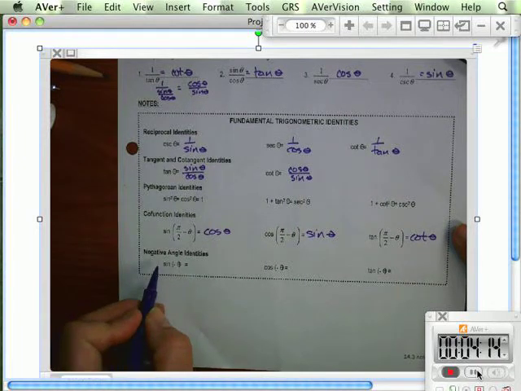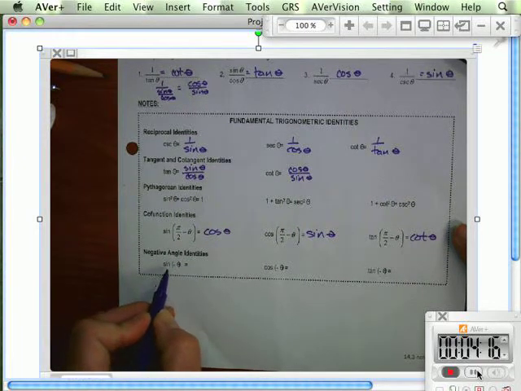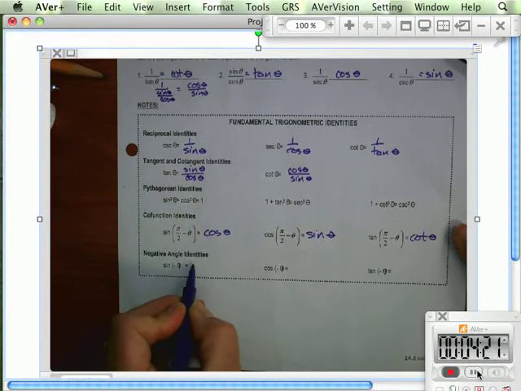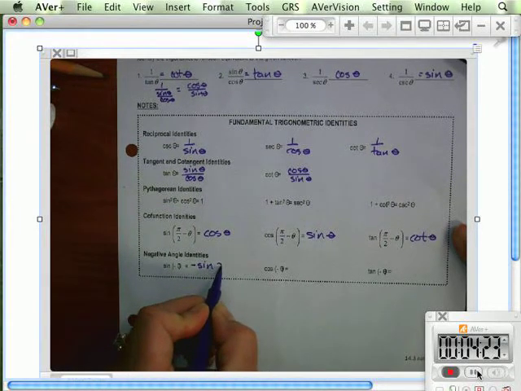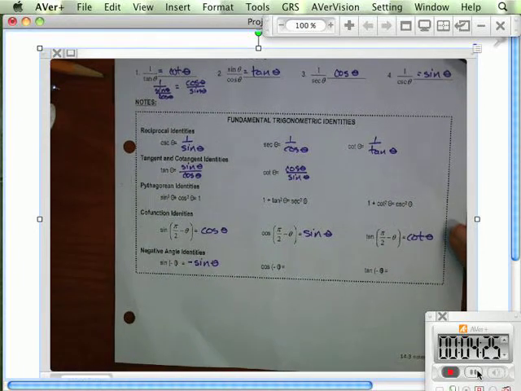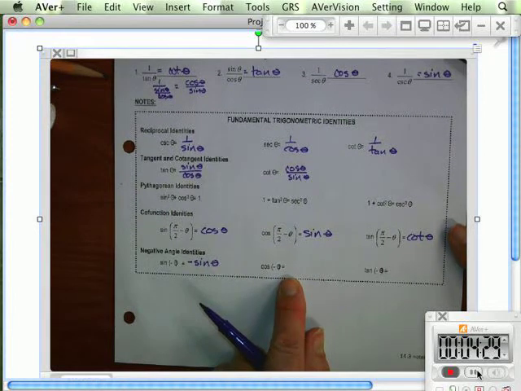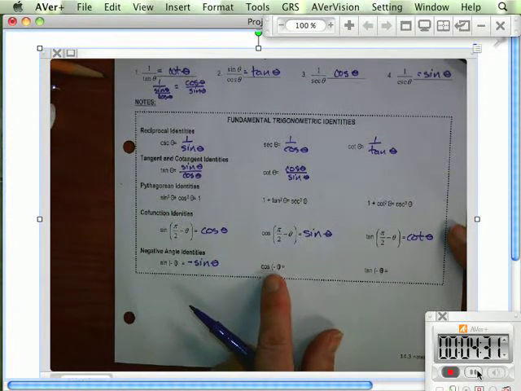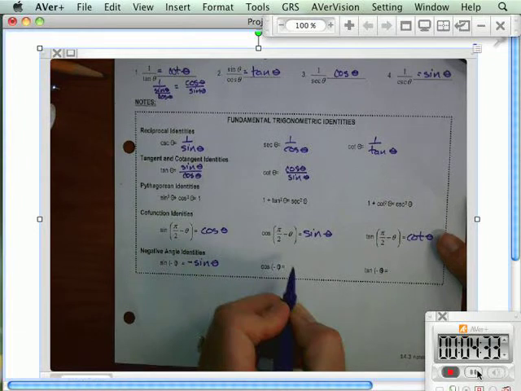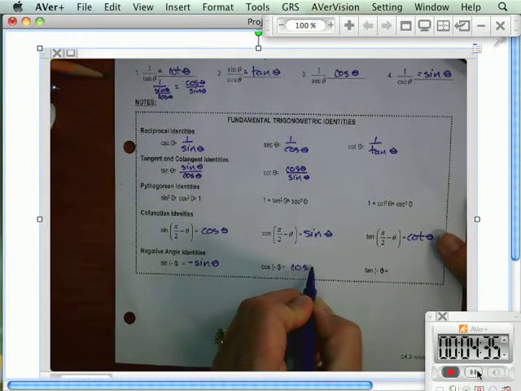Negative angle identities. This says the sine of negative theta is equal to negative sine of theta. Now you would think this would be the same thing, but it's not. The cosine of negative theta is just equal to the cosine of theta, which is weird.